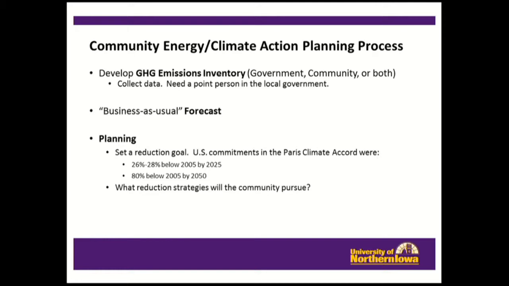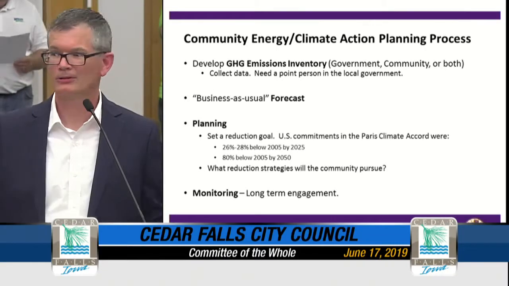We're not talking about anything that's binding, we're just talking about a guide that can support decision-making and goal setting that you'll do on an annual basis, and the budgeting that you need to do for coming years. This will just support the decisions that you need to make. And then long-term, we need to know whether we're making progress. So you've got a baseline, you've got a plan for some reductions, got a goal out in the future.